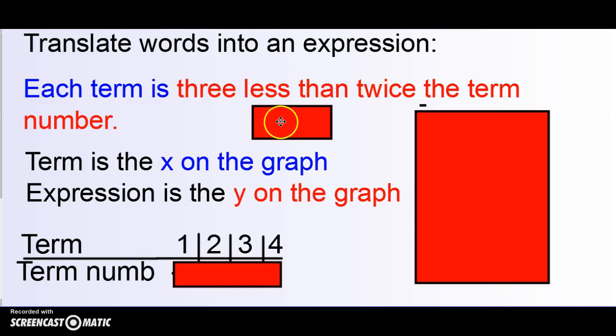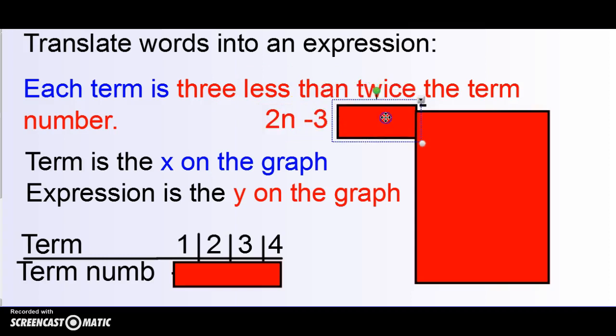So twice whatever the term is, less 3. Term would be the x on the graph. Then your answer, when you substitute first term, second term, third term, your answer each time is the y on the graph. So looking here, 1 times 2 is 2.